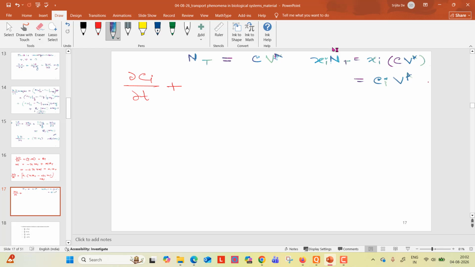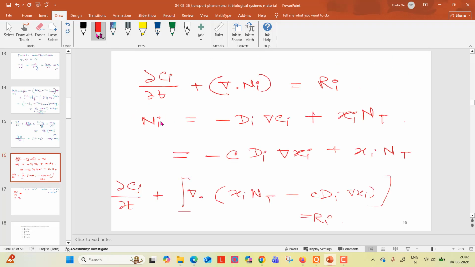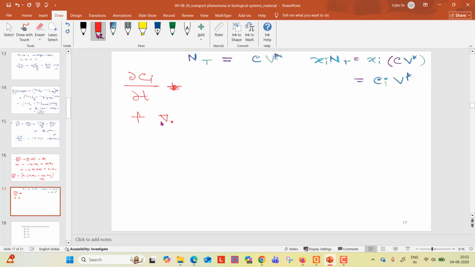Now we'll replace this in place of this. So del Ci del t will be plus divergence of, so Xi Nt will be replaced by this. So it will be Ci, the molar concentration, into the molar average velocity.